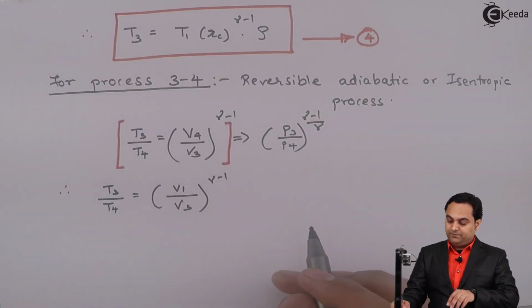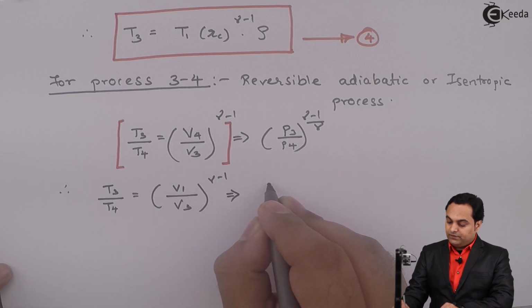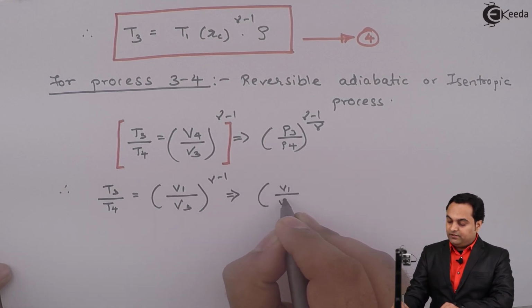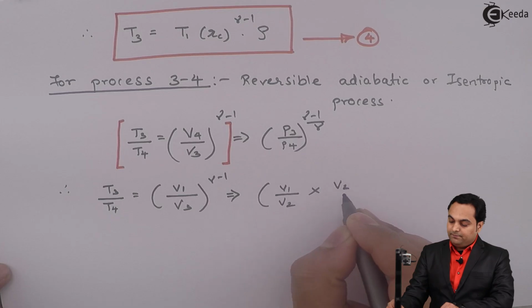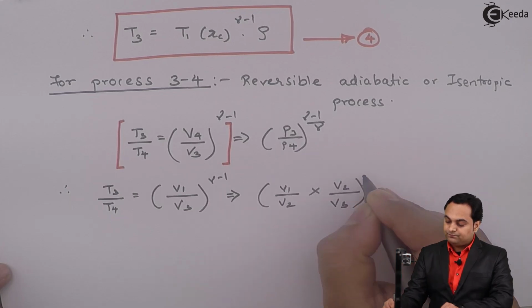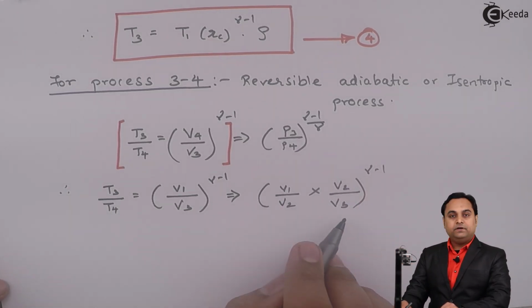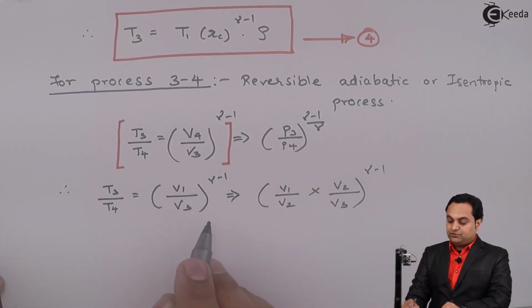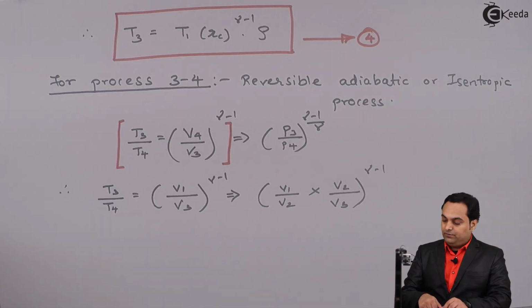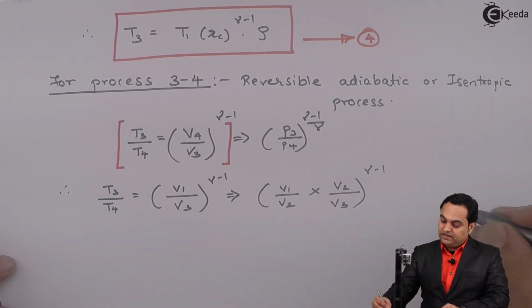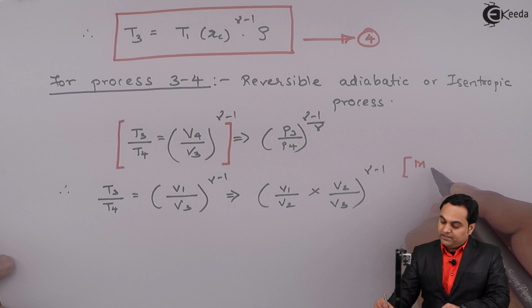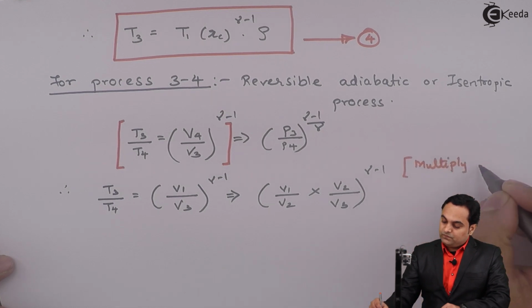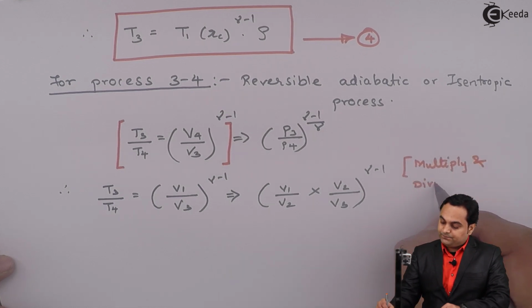Next I'll multiply and divide by V2. In this step, as we can see, V2 gets cancelled, so we will get the same term.